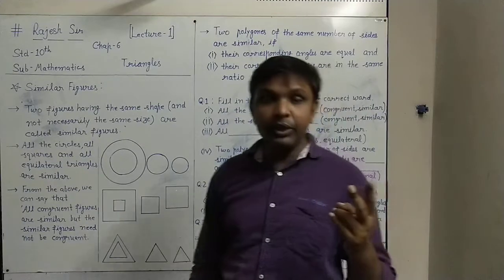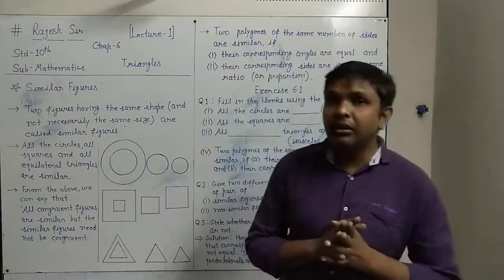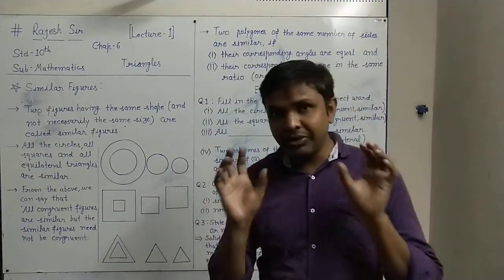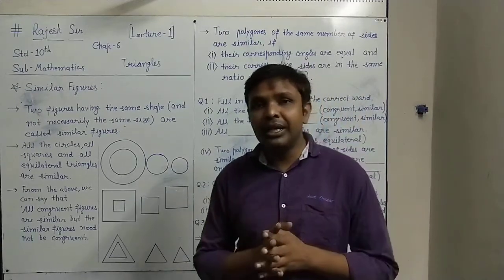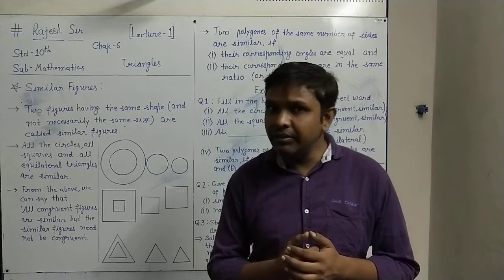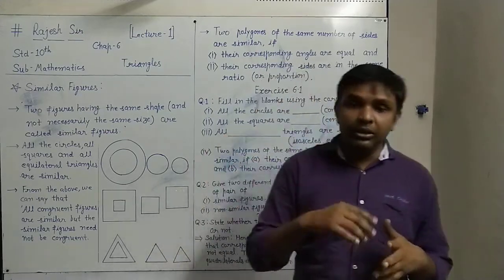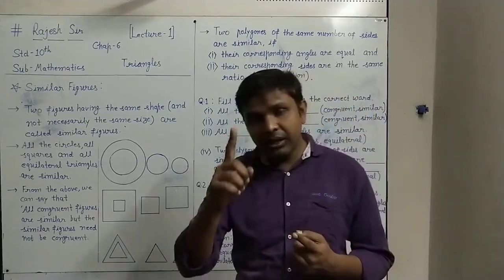Two figures can be called similar if both have the same number of sides, first of all, and then the polygons will have the same number of angles. So what are the two conditions about angles and sides?